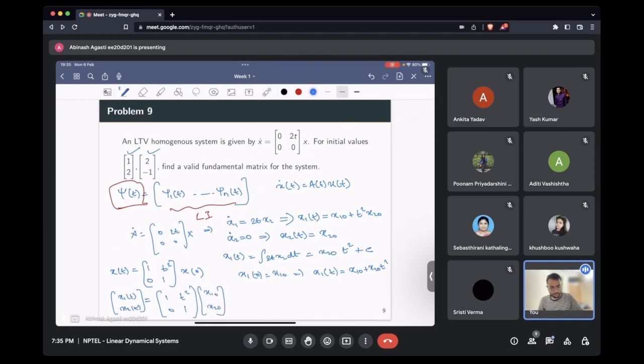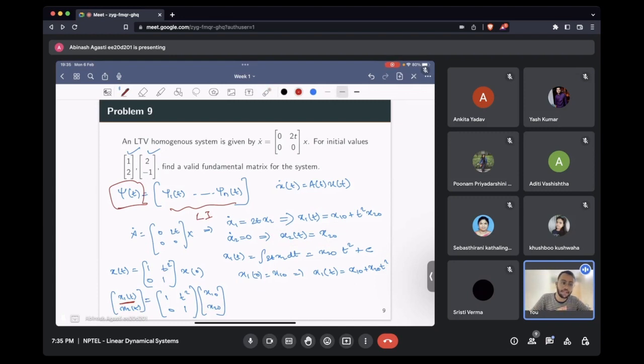Now you can verify this. x1 of t is 1, t square into this, so we have x1 naught plus t square x2 naught, which is the case. And x2 of t is 0, 1 into this, which is just x2 naught, which is also true.